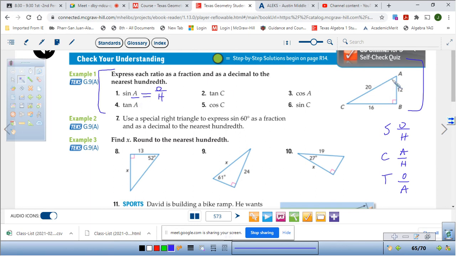A's right here. So this will be my opposite, and this will be my hypotenuse. So that one is basically 16/20. That's right, but let's simplify it. I'll divide them both by 4. That gives me 4/5. So the answer for 1 is the sine of A is equal to 4/5. Okay?